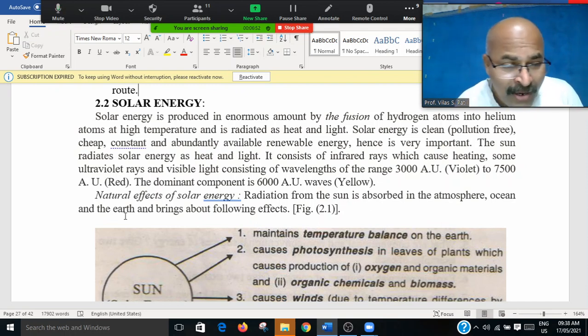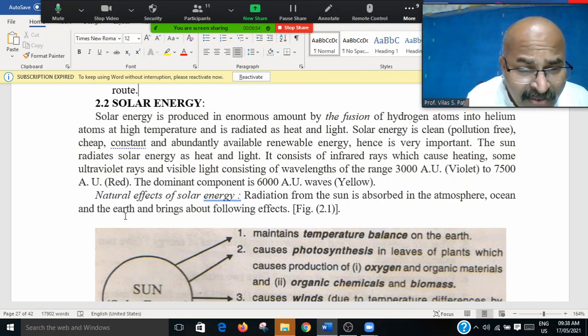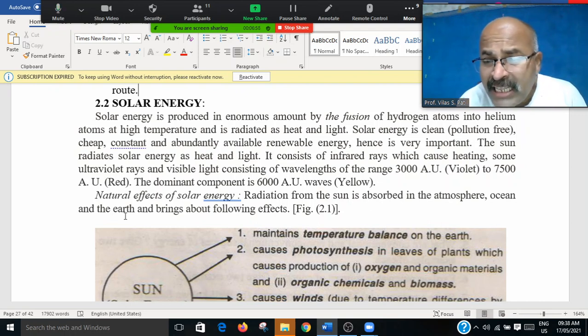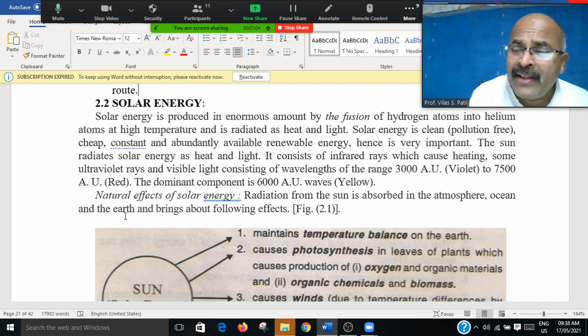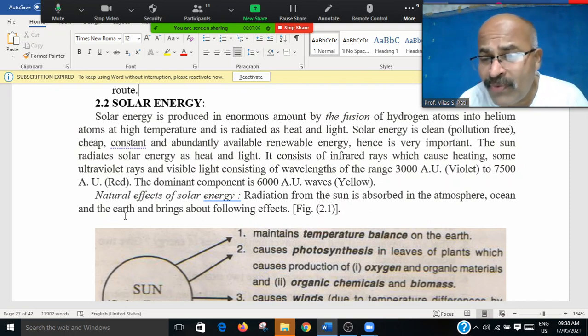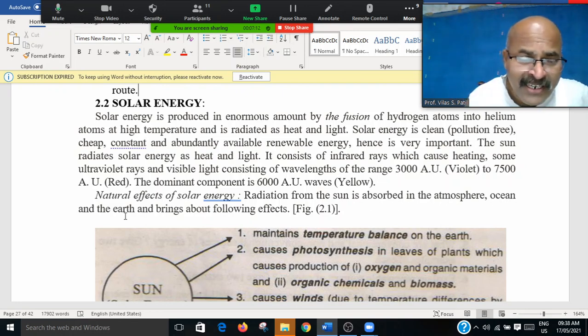Some ultraviolet and visible light consist of wavelength from 3000 Angstrom unit, that is 3000 into 10 raised to minus 8 centimeter, to 7500 Angstrom unit, or 7500 into 10 raised to minus 8 centimeter. That is the red.